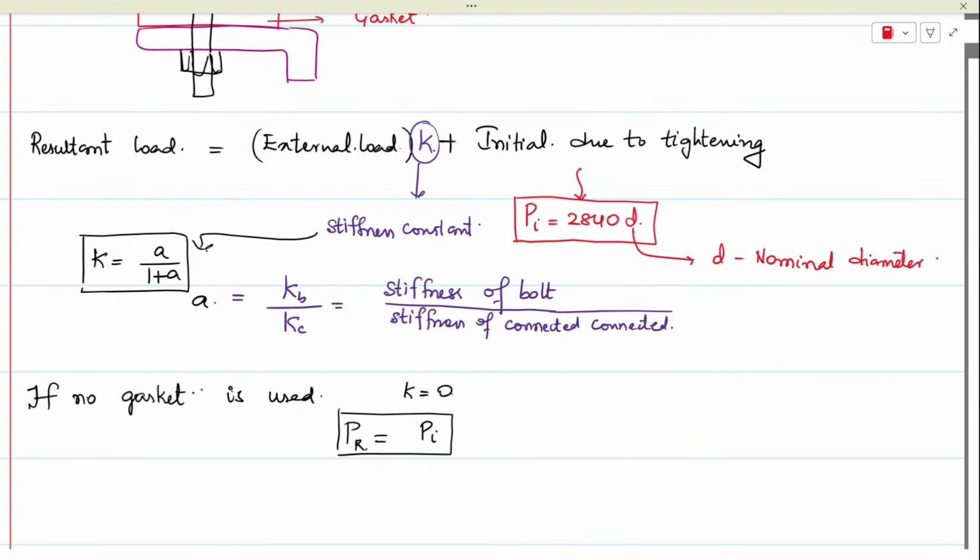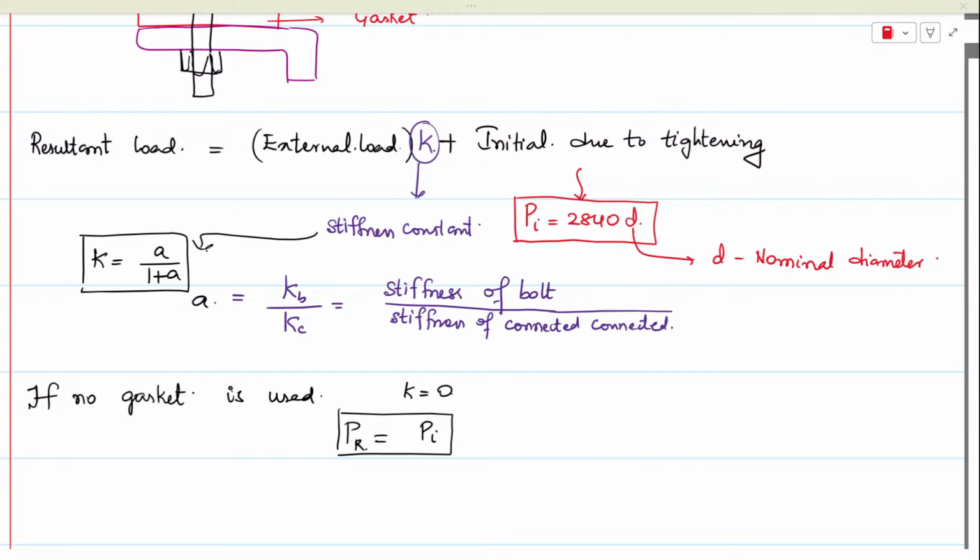Likewise, there is a tabular column available for factor K: metal to metal it would be 0, lead gasket with studs it would be 0.1, and if we are using soft packing with studs, the value of K becomes 1.0. These are a few empirical relations and formulas that you will be using to solve problems on design of bolts.